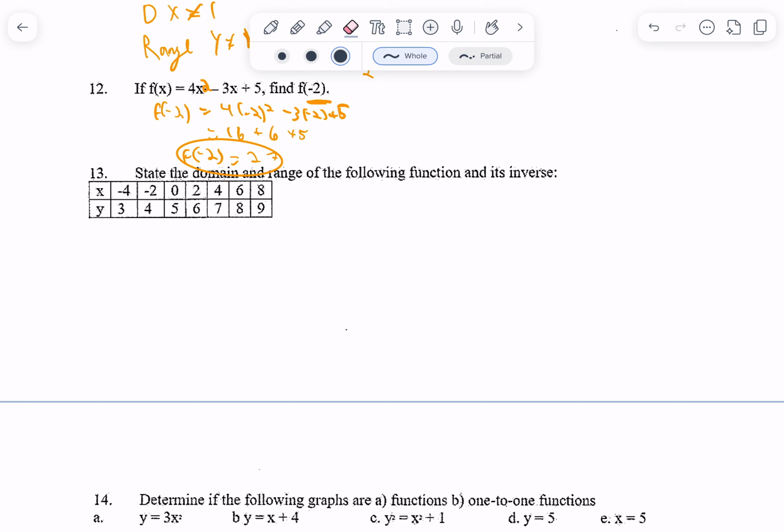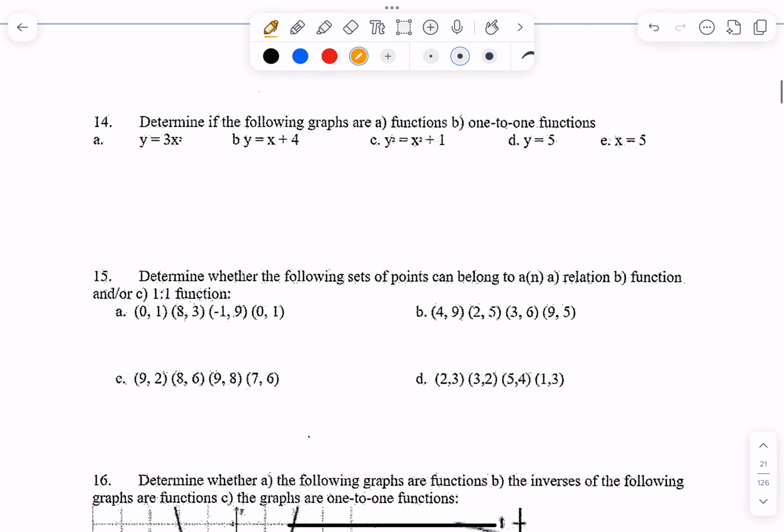So now we can write the inverse. So actually, this is the domain and range of the inverse, this part. And this is the non-inverse, the f of x, the normal one. So that's what it is. Okay.